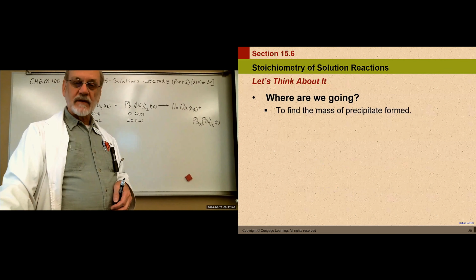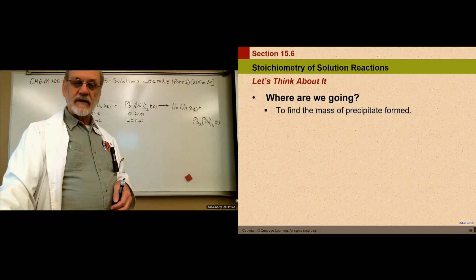So now we have to change this to 6. So 6 sodiums, 2 phosphates, 3 leads, and 6 nitrates. That is balanced. Coefficients of 2, 3, 6, and 1.